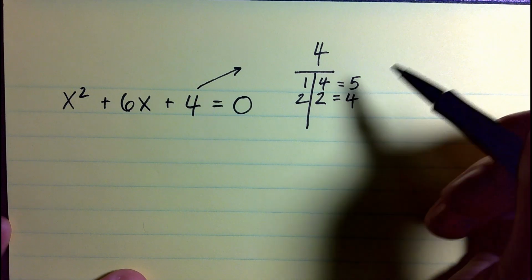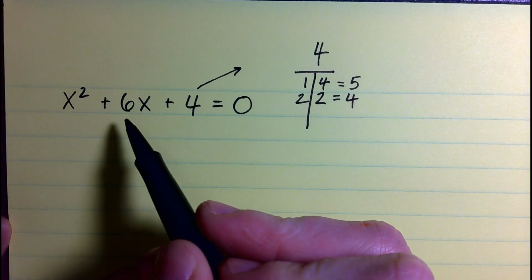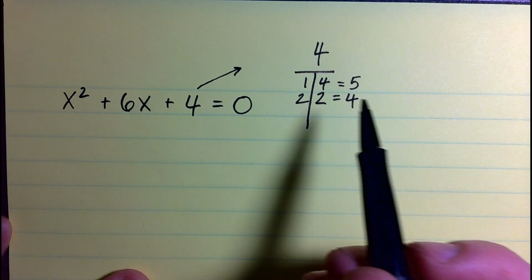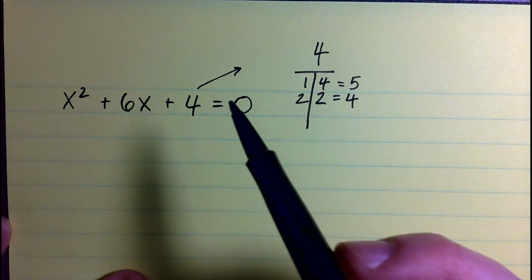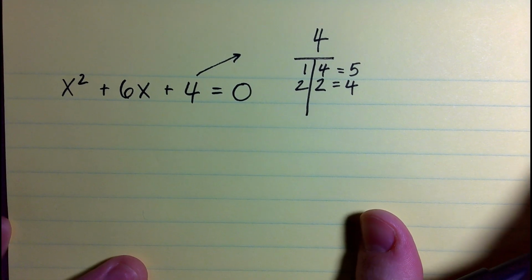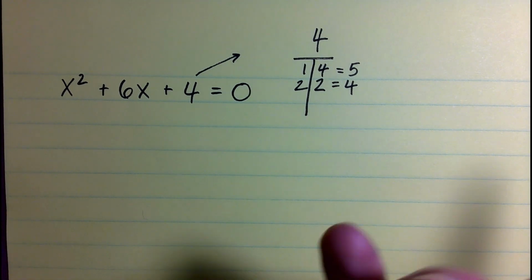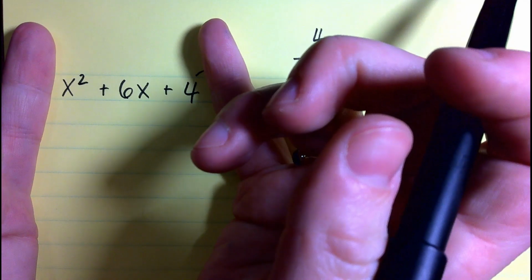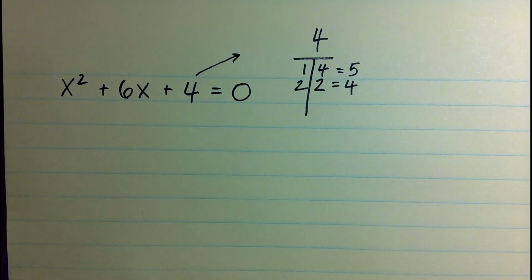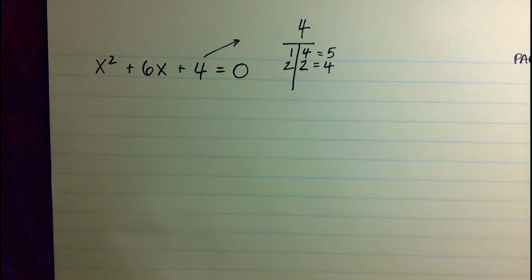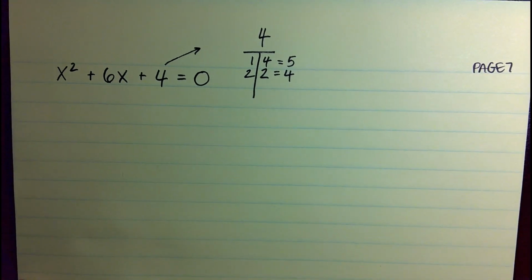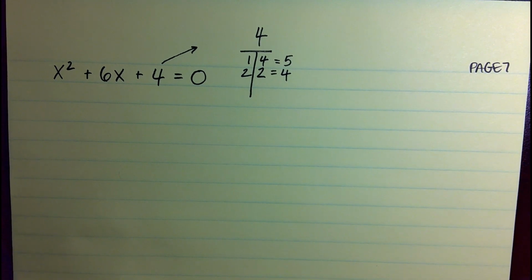Neither of those is equal to my b term, 6. So this is not factorable. When we have an unfactorable quadratic, this is a case where this formula really comes in handy.